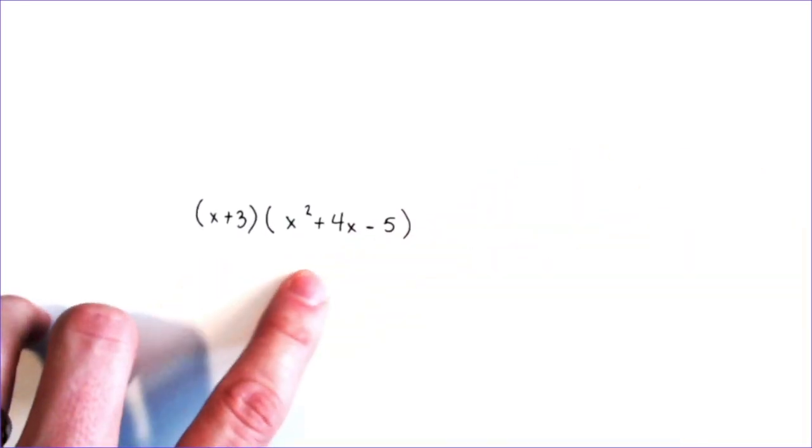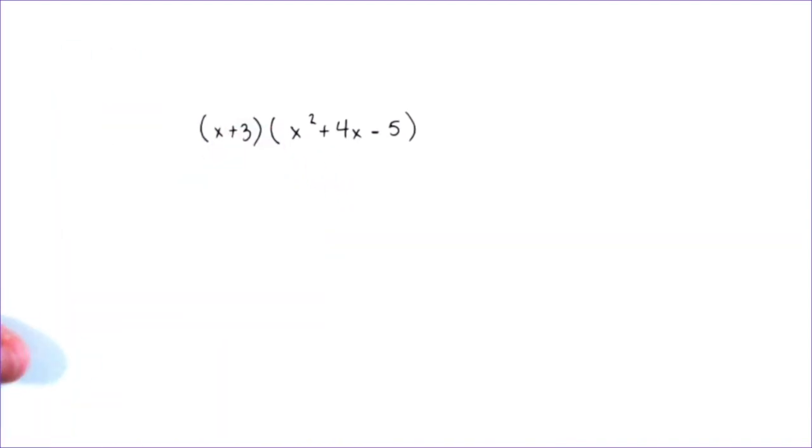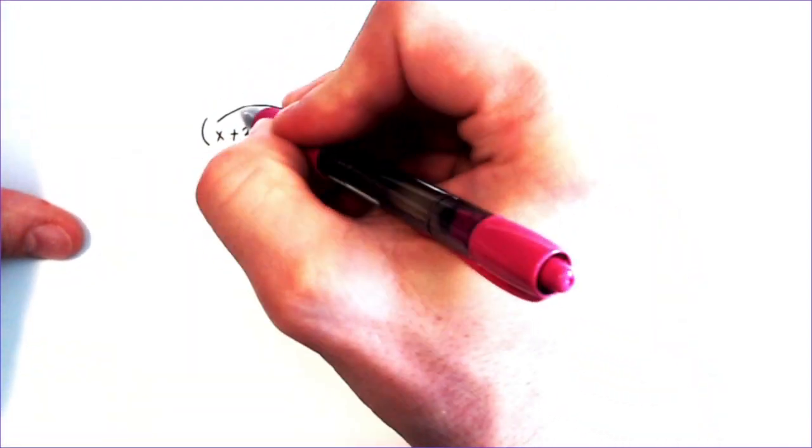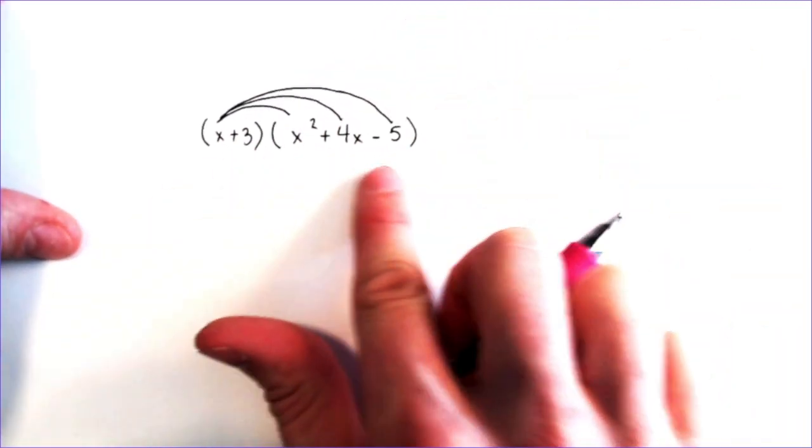So I wrote x squared plus 4x minus 5 in this case. Now for this problem, the acronym FOIL doesn't really apply. A lot of people still call it FOILing because it's still the same act of multiplying out two things that are bigger. But you're going to just distribute twice. It's still a double distribution. You're going to take the x and multiply by all three terms.